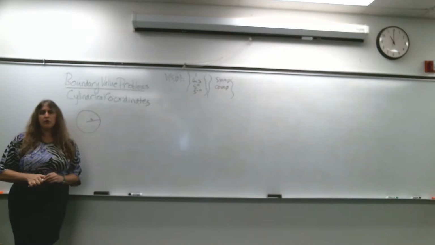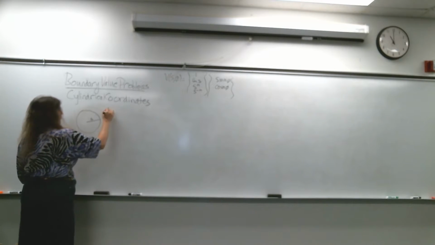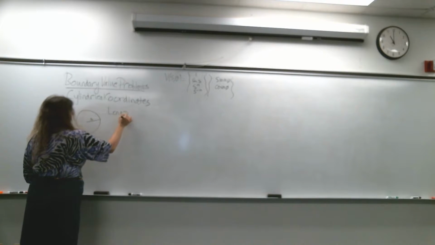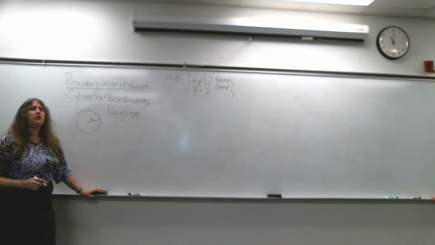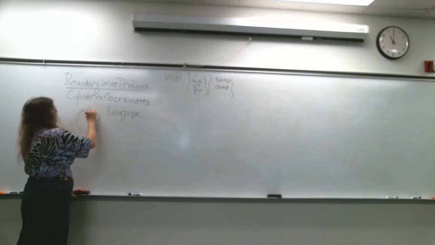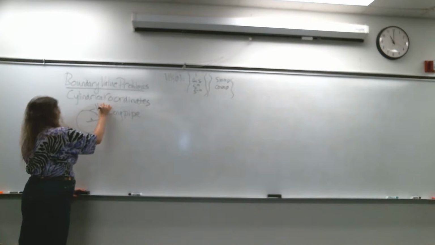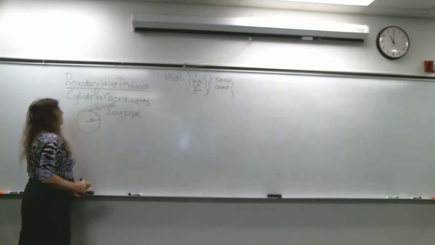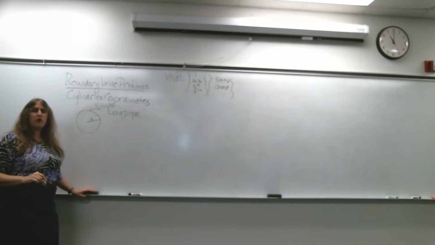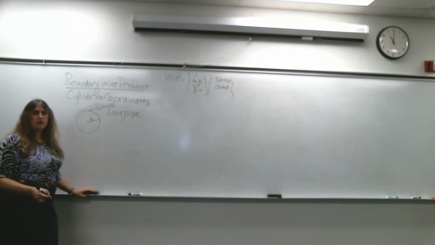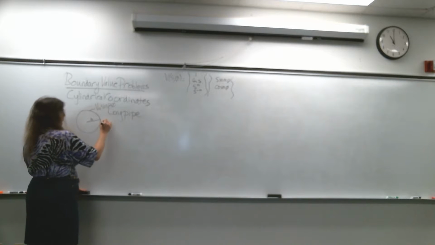In this case, let's suppose that we have a very long pipe. And I'm given that the potential on the surface of the pipe has value E naught sine 2 phi. I want to determine what the potential is in the interior region and the exterior region.